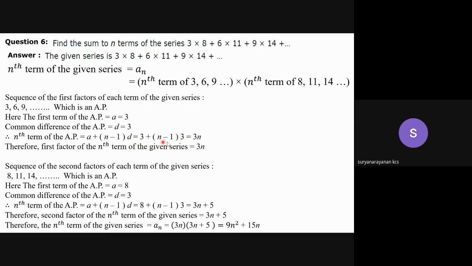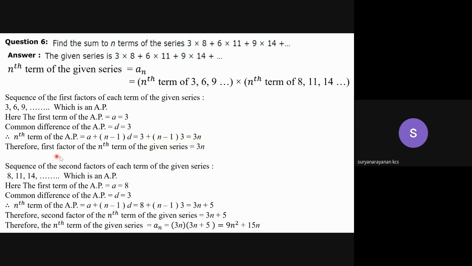By simplifying this expression, after simplification we finally get 3n. In rough work, do that part, and finally you get 3n. Okay, my children, this is the nth term of the arithmetic progression.